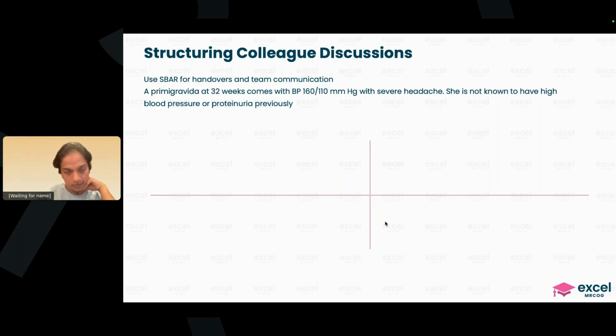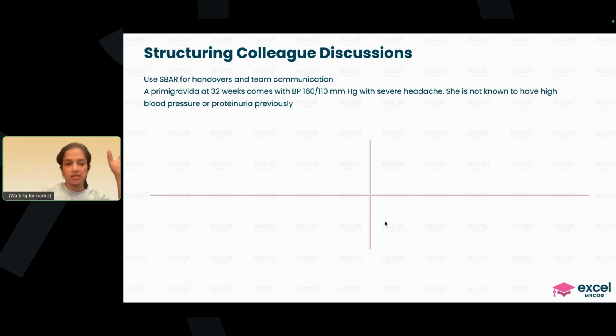We would do a quick assessment, take a quick history, do a quick examination and send relevant investigations. The recommendation would be to admit the patient immediately, and we'll take inputs from the multidisciplinary team, which will involve the senior consultant and other physicians, and we'll make a management plan.